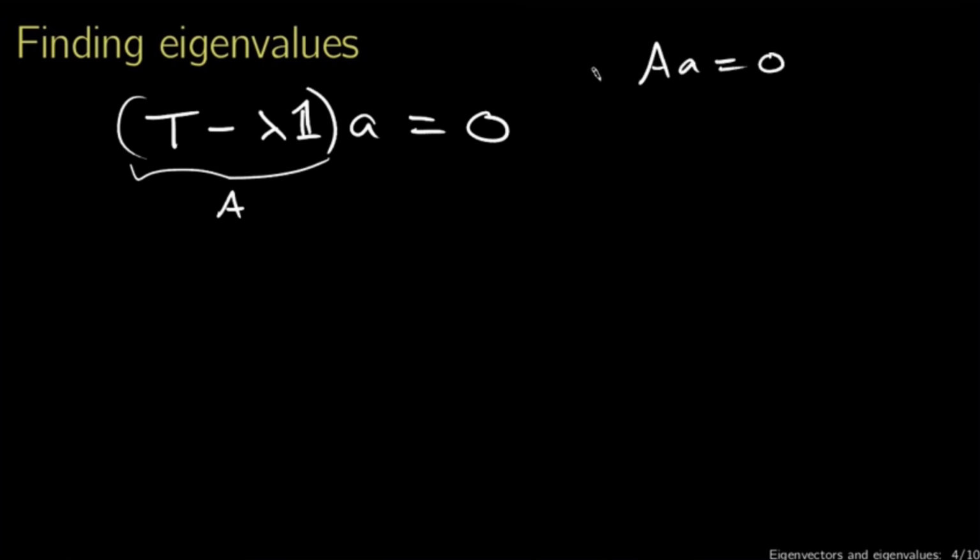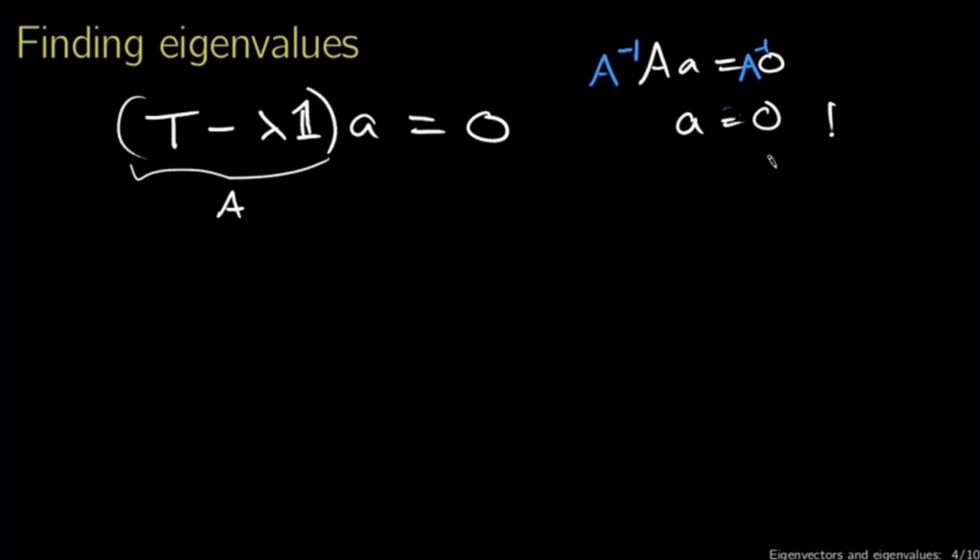And I could solve this by left multiplying by the inverse of A. I can multiply by the inverse of A over here and by the inverse of A over here. The right-hand side, of course, is going to remain 0. The matrix A, no matter what it is, acting on the 0 vector, will give me 0. But on the left-hand side, I'll end up with the identity, and I'll just end up with a equals 0. This was not particularly informative. It didn't tell us anything about a.